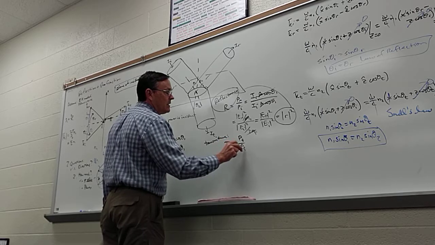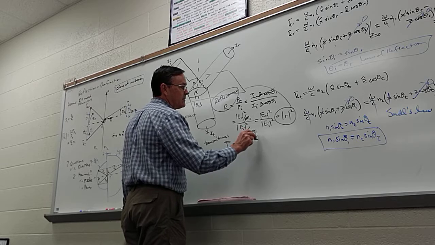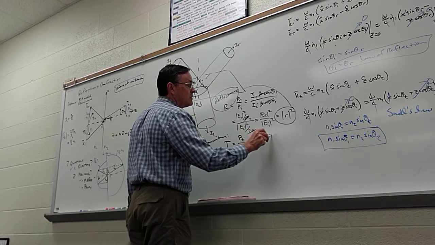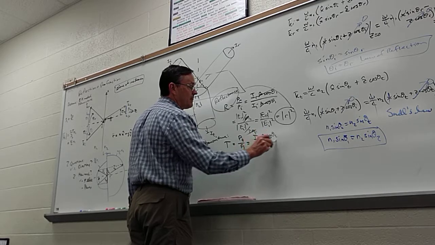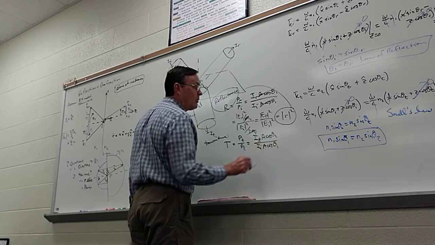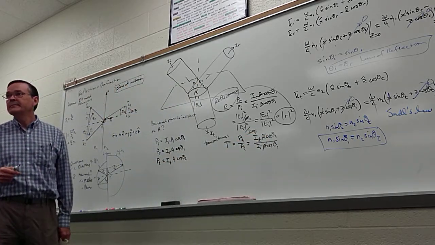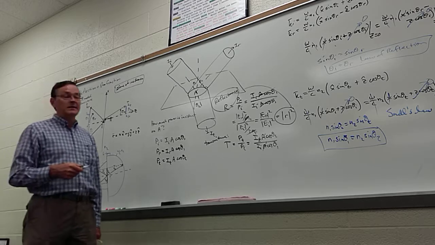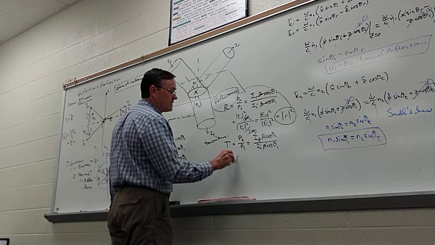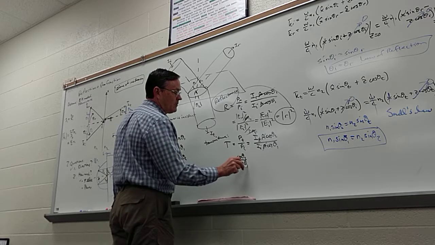P_T over P_I, and go through the same process, and I have I_T A cosine of theta 2 over I_I A cosine of theta 1. The A's cancel, but the cosines don't cancel. And now I can substitute in for I_T and I_I. So I have a cosine theta 2 out front over a cosine theta 1.